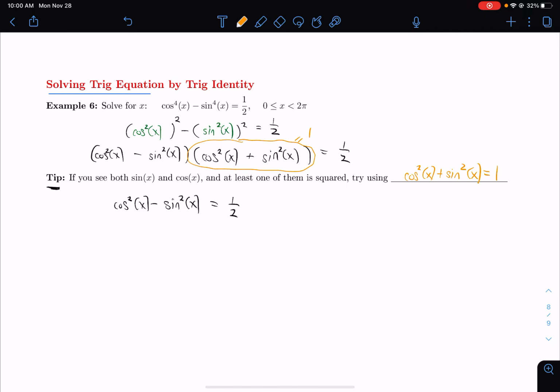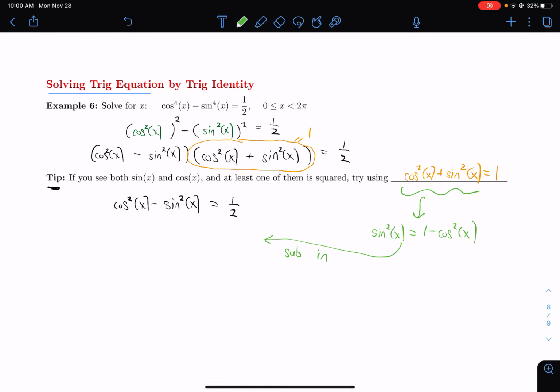So we're going to actually use that again by isolating one of the variables. It doesn't really matter which one we isolate, but let's say I were to isolate sine squared. Sine squared x equals, if I move cosine squared over, 1 minus cosine squared x. And now I'm going to use that to sub into our equation.